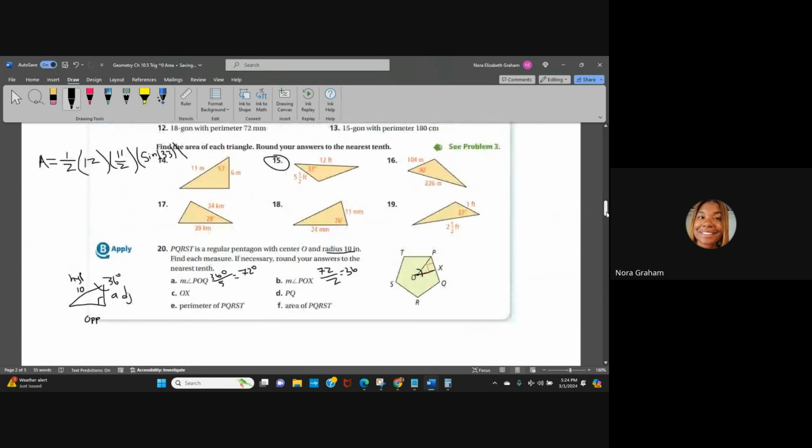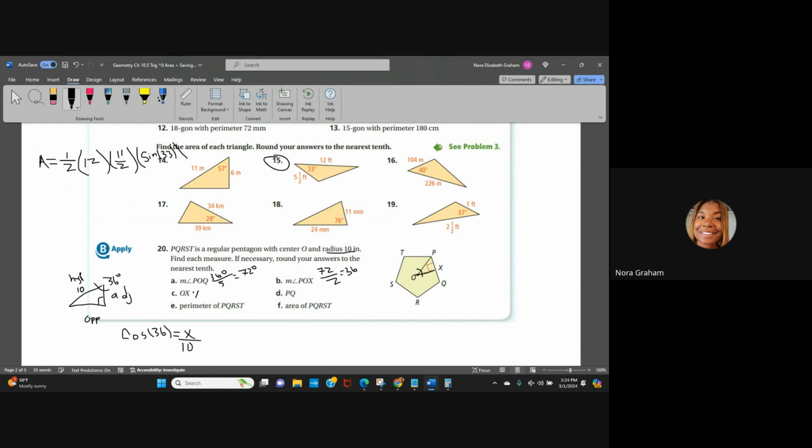So I can use cosine of the angle I found, which is 36, equals x over 10. Remember, multiply both sides by 10. You're just going to get x equals 10 times cosine of 36. Let's just leave it as that, and then you can plug that in your calculator.